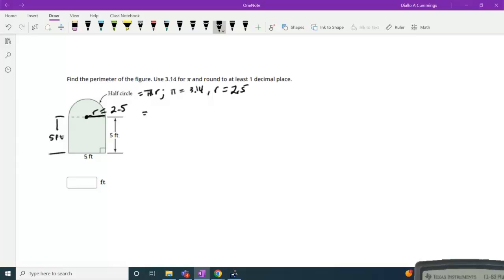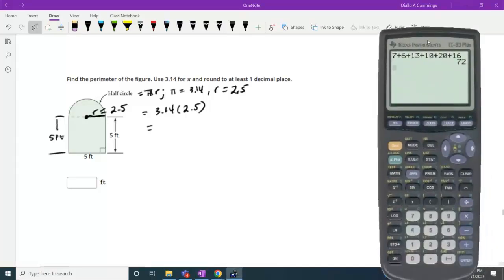So we're going to multiply 3.14 times 2.5, and we have a circumference of 7.85. So now I'm going to add all my lengths.